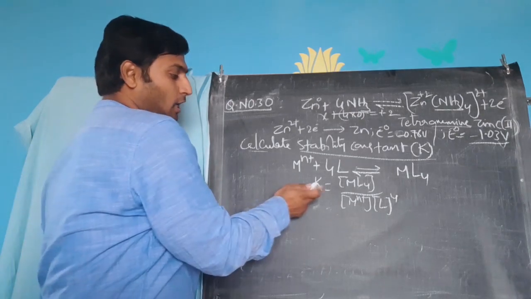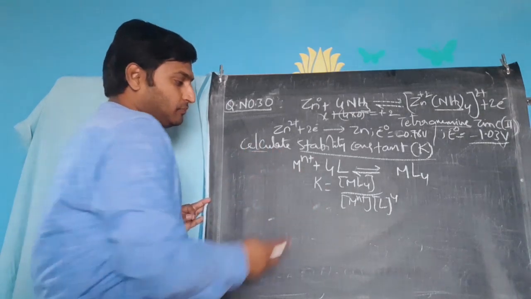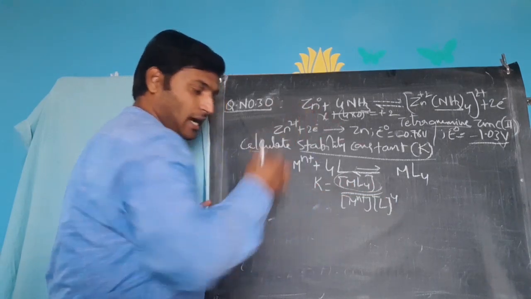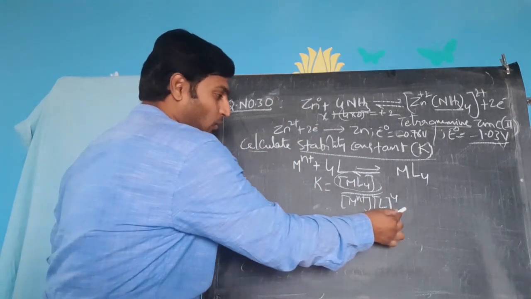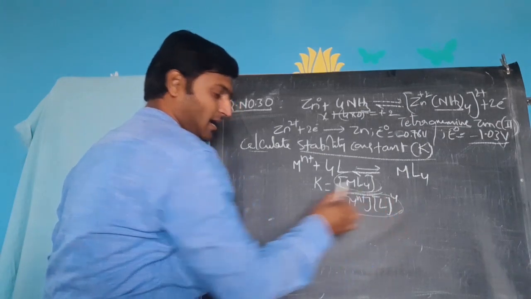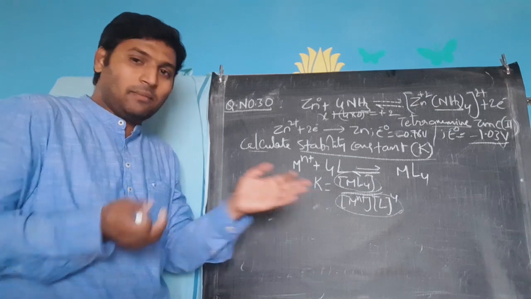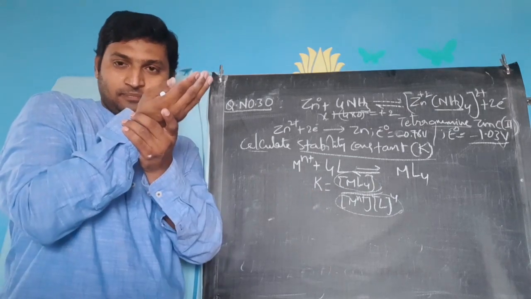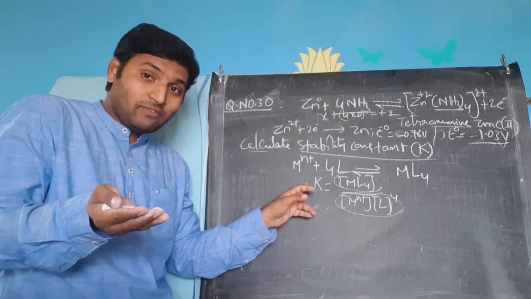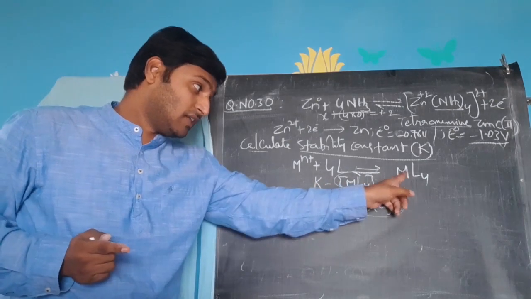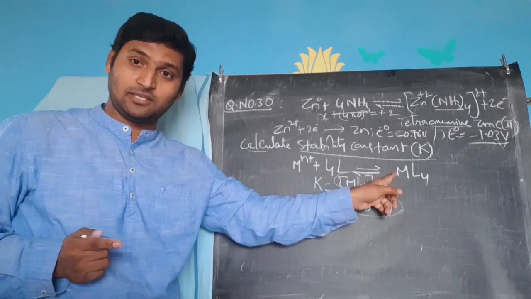Now, look at this equilibrium constant. This is directly proportional to the concentration of the complex and inversely proportional to the ions. What does it mean? If this equilibrium constant value comes larger, then the concentration of the complex formed is larger.